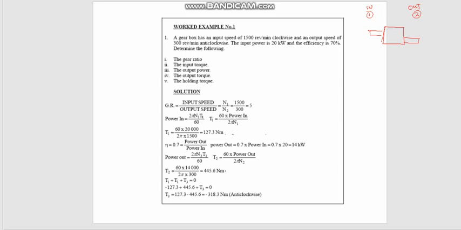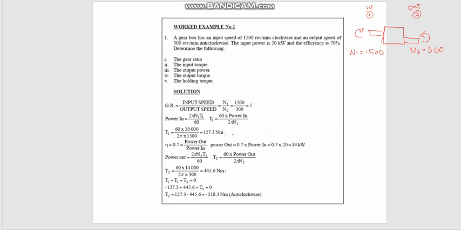So what is given? It's given that the rotational speed of the input is 1500 revolutions per minute, and this is clockwise. The output speed is n2 equals 300, and this is anti-clockwise.